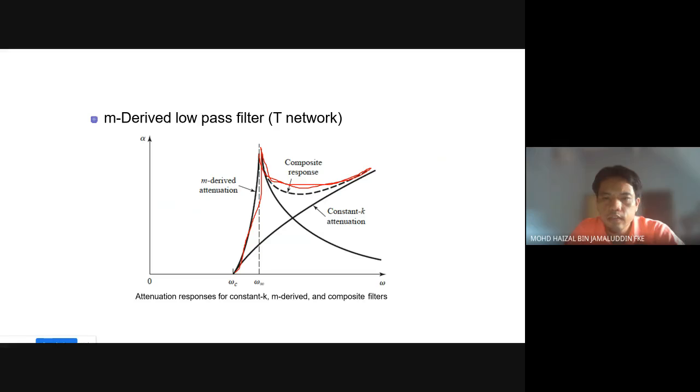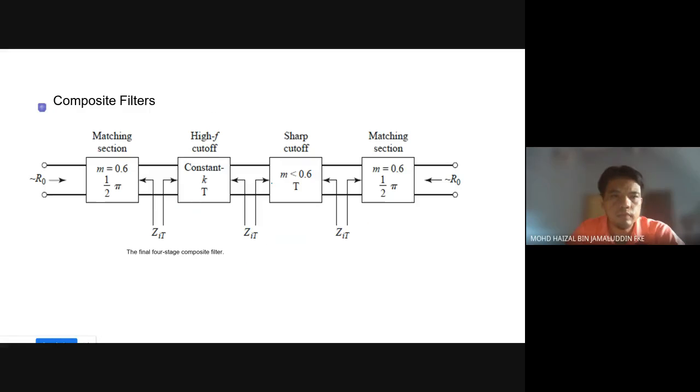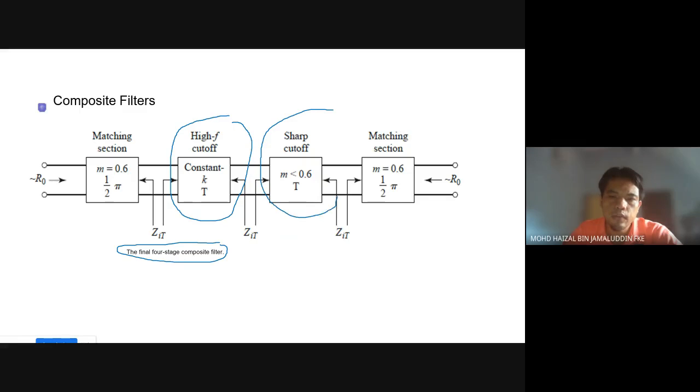Okay, so next. For composite filters, we have a final four-stage composite filter, which is a combination of the constant K technique and the m-derived filter technique.